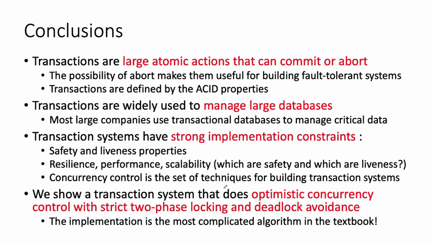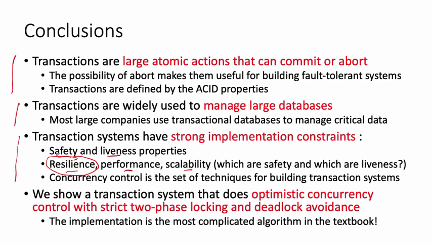Let me conclude now. So large atomic actions, committing or aborting, managing large databases, have strong implementation constraints, both safety and aliveness. So resilience, performance, and scalability. Resilience is a safety property. That means things are correct even if there are crashes.